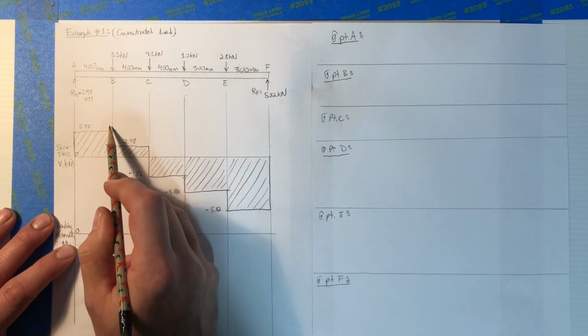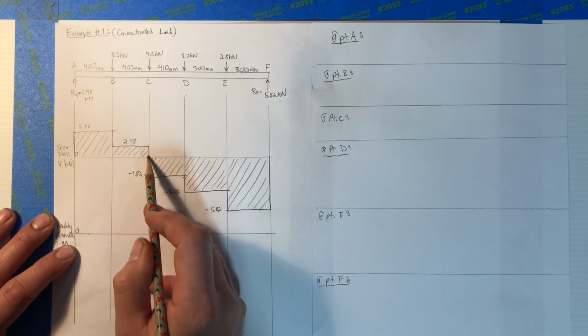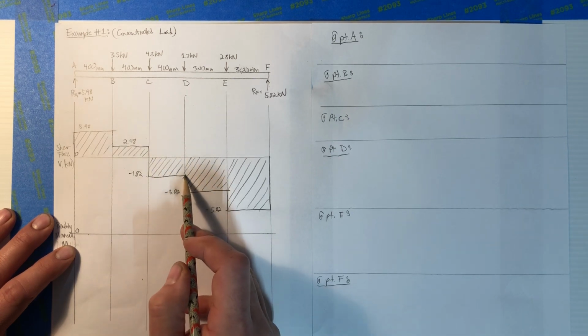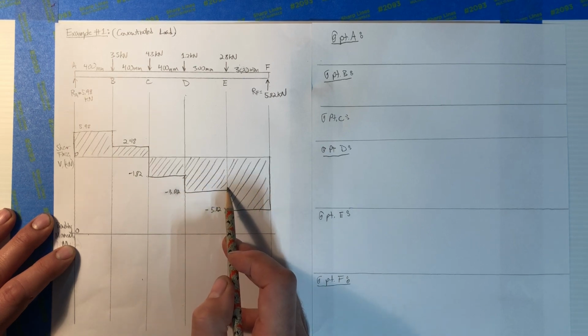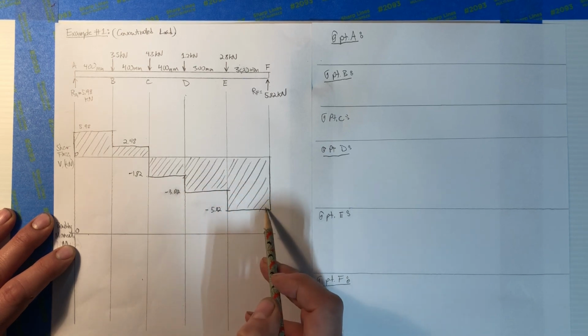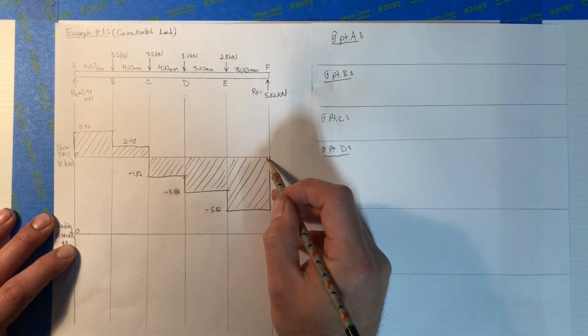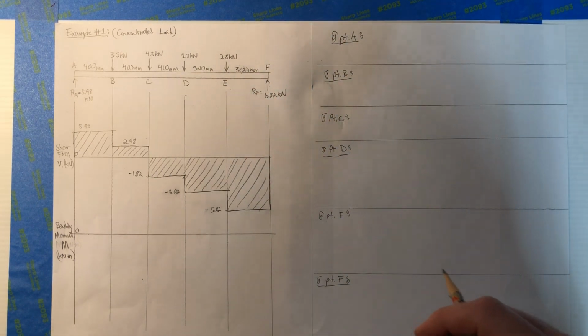I go down 3.5 to 2.48, constant. Down 4.3 to negative 1.82, constant. Down another 1.2 to negative 3.02, constant. Down another 2.8 kilonewtons to negative 5.82, come across, and close up. If the chart does not close up at 0, then you've done something wrong. The shear force is pretty easy to do.